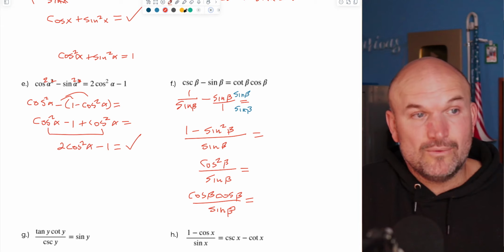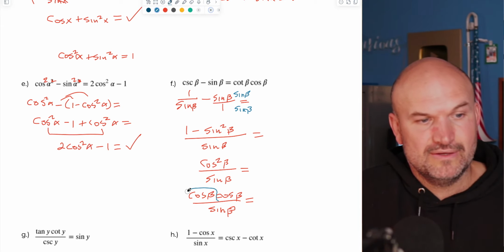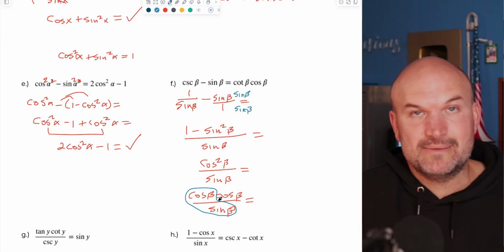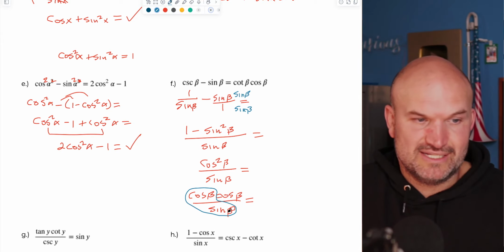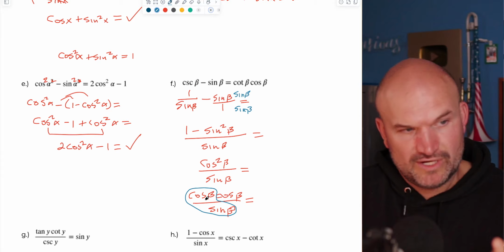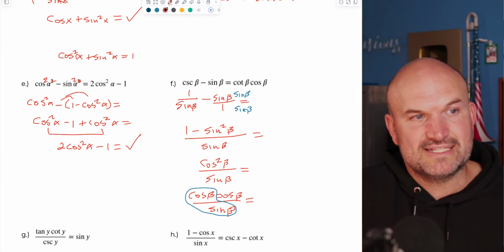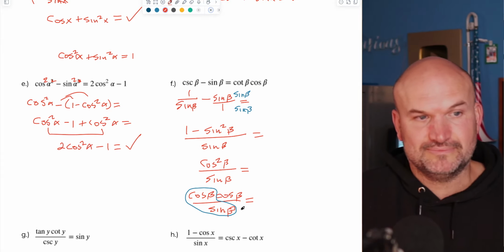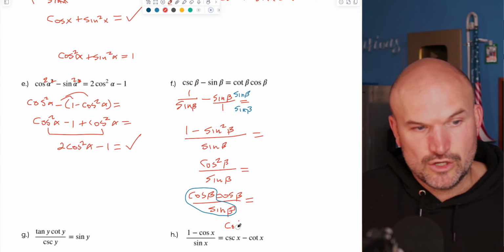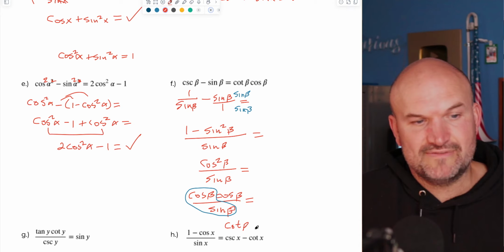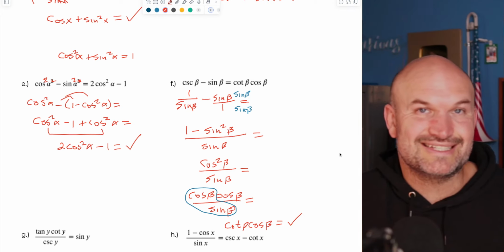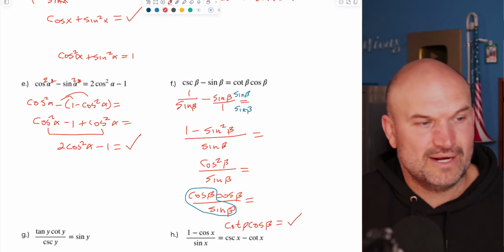Okay, so now what I can do is group these two together, because since things are not separated by addition or subtraction, I can just say sine of beta only needs to be divided by over here. And what that's going to give me then, cosine over sine, we know is a cotangent of beta. And that's going to be times what's left over, which is a cosine of beta, which, ladies and gentlemen, is exactly what we have here on the right-hand side.